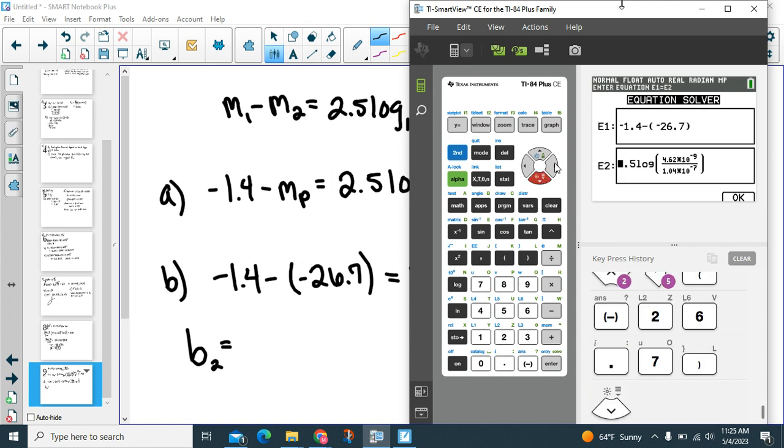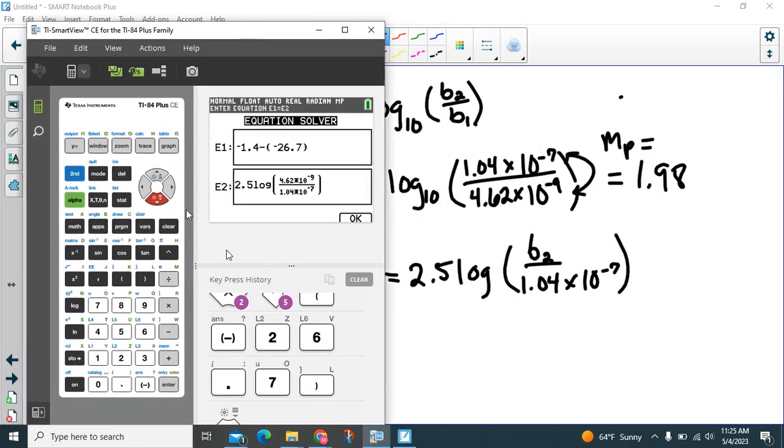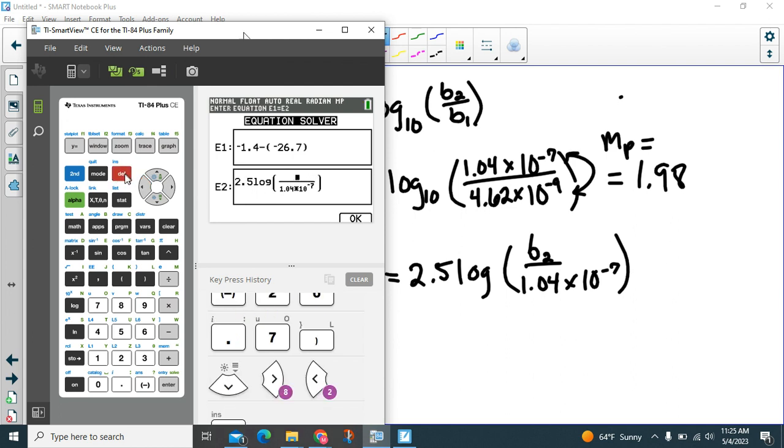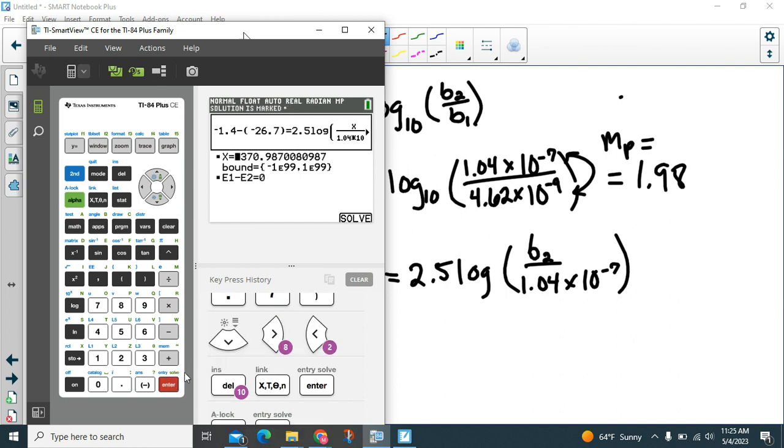All right, and here we will have 2.5 log. And here I can just delete all of this stuff and put an X in there. And then I can solve. All right, 1370 to 3 sig figs.